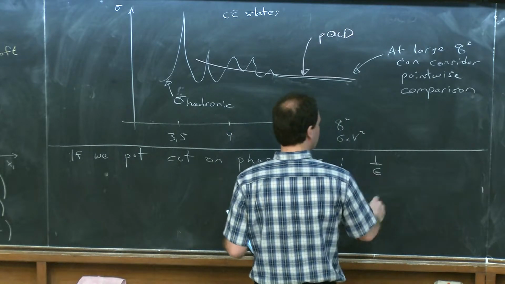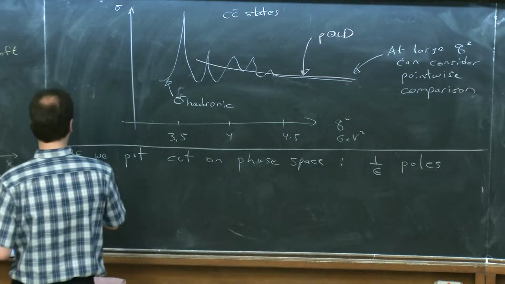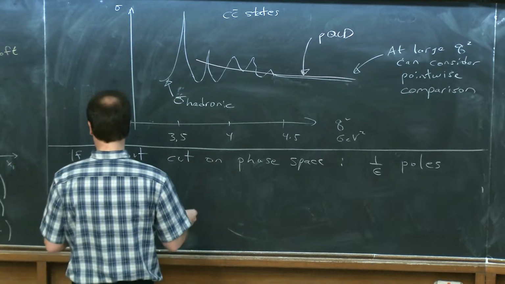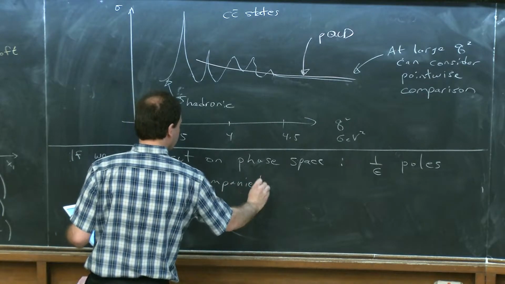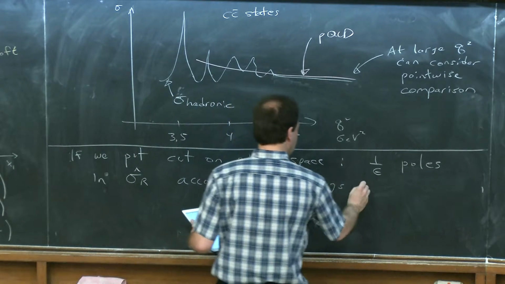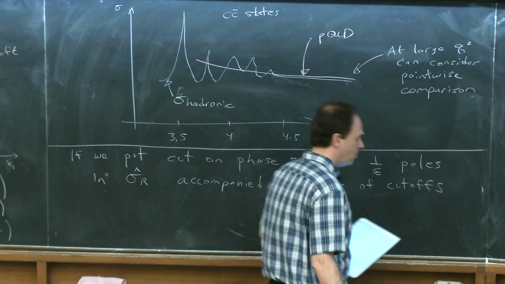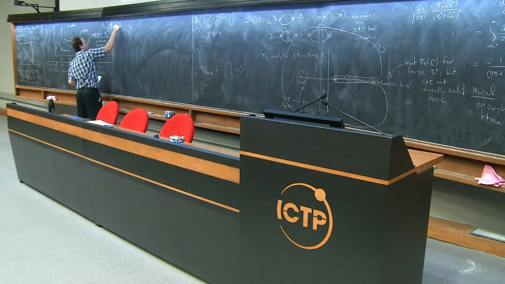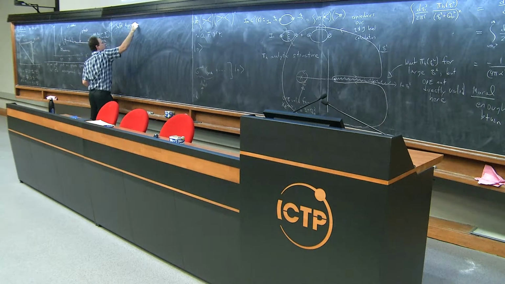And our 1 over epsilon poles that we have in the result on the left are going to be accompanied by some dependence on those parameters, and in particular, logarithmic dependence on those cutoffs. Okay, so let's see how that comes about in two different approximations. So first, what's called the soft approximation.